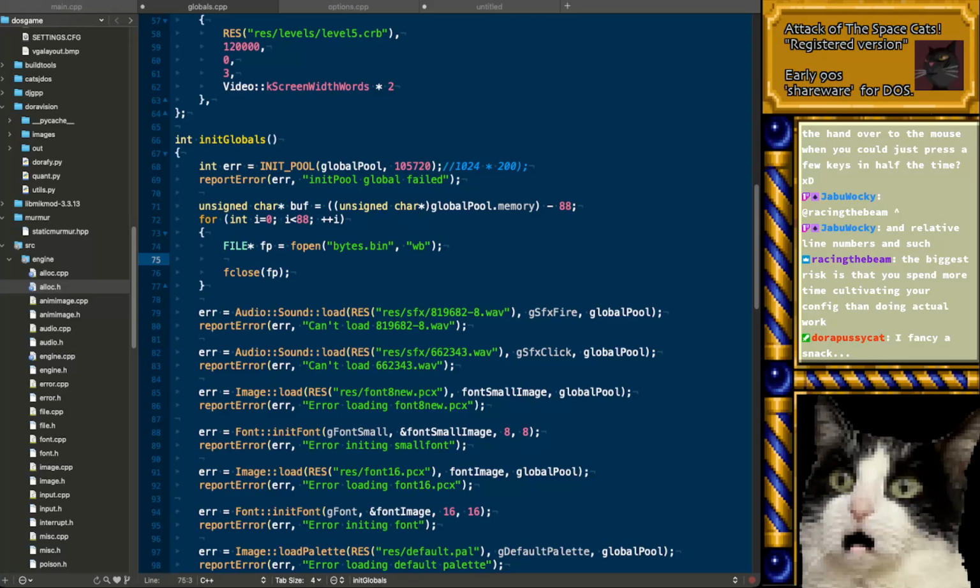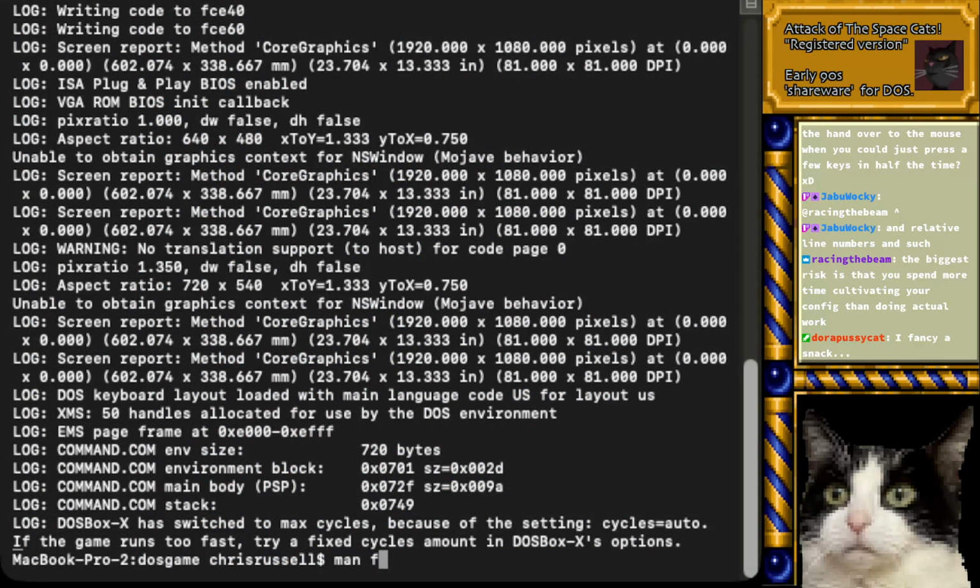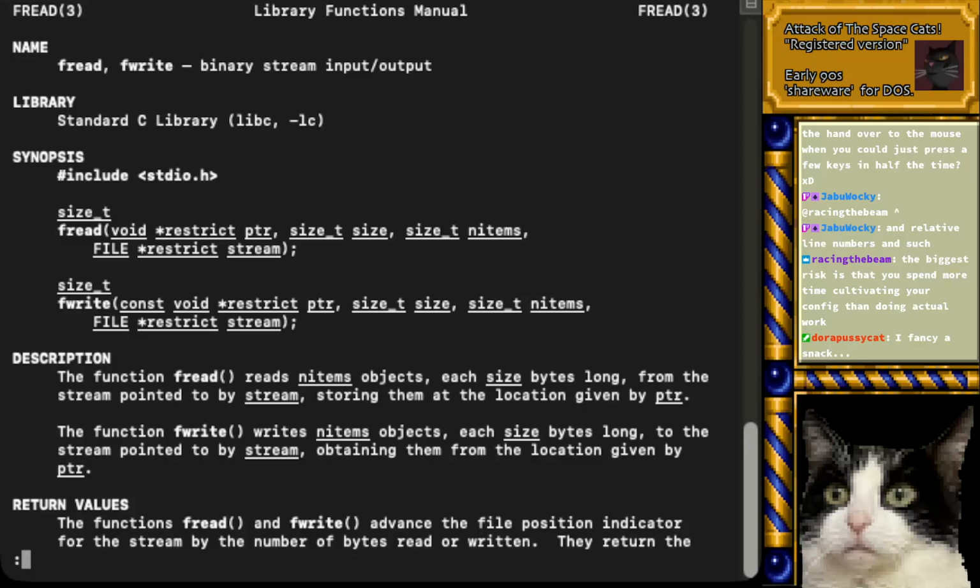I can just write that down. But I can't remember the syntax for write. Pointer, size, number of items, stream. That's read. Pointer, size. Oh, it's the same.